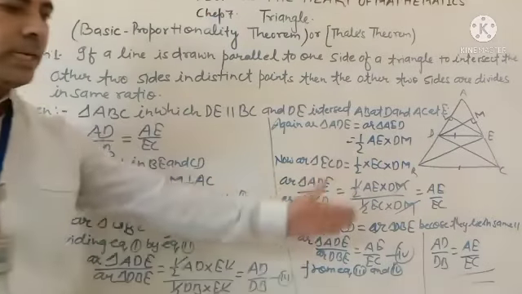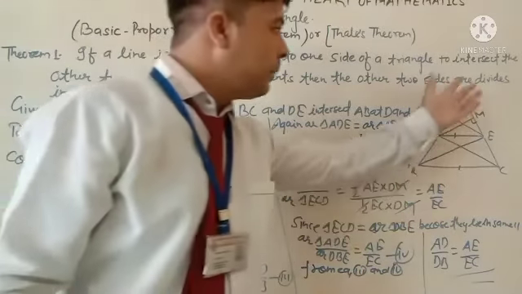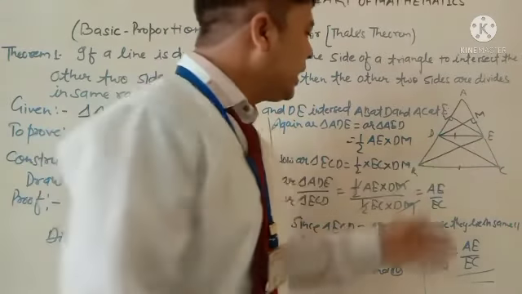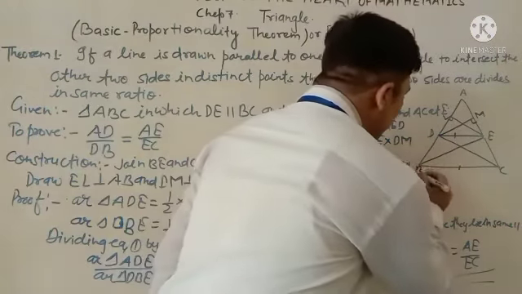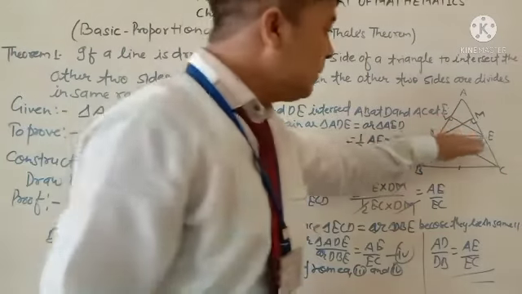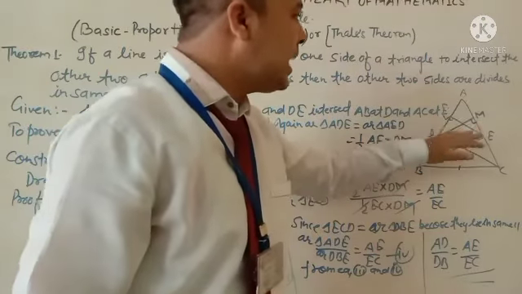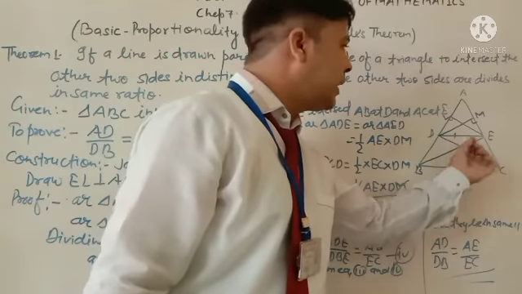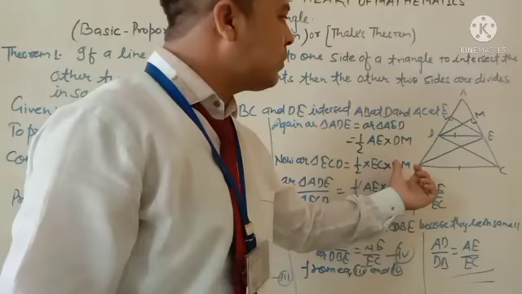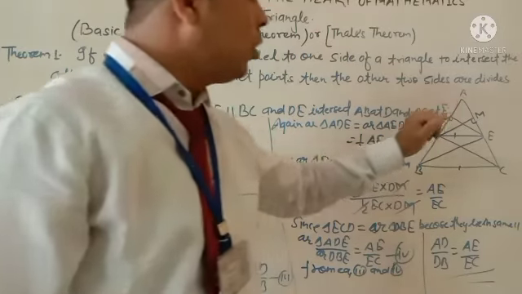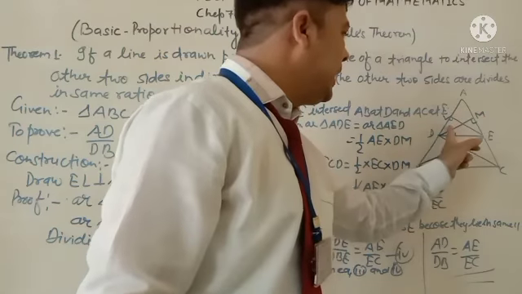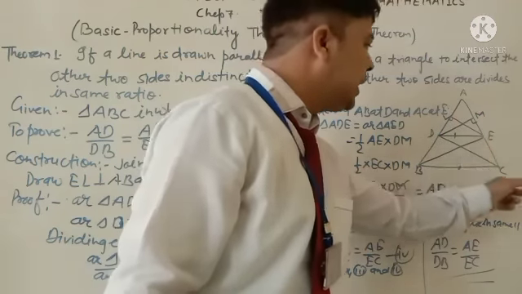This is your result, which you had to prove. Means if any line is parallel to a side of a given triangle and intersects the other two sides at distinct points, then the ratio of the sides is the same, means AD upon DB is equal to AE upon EC.